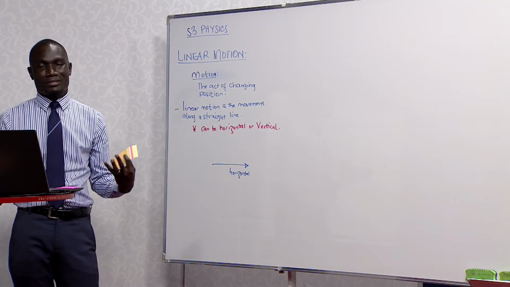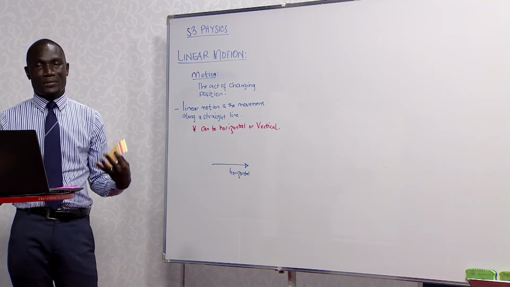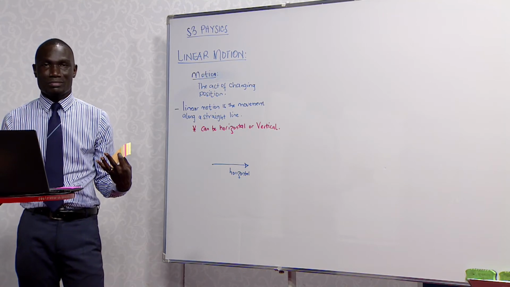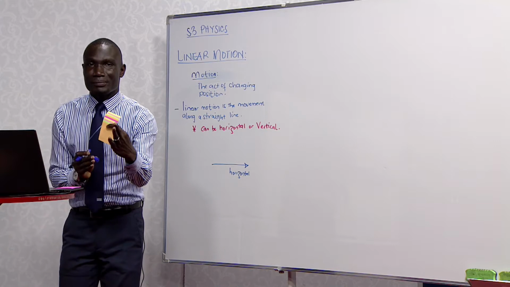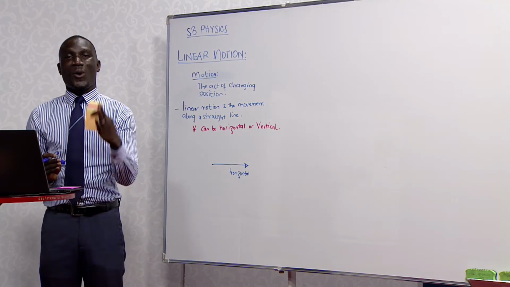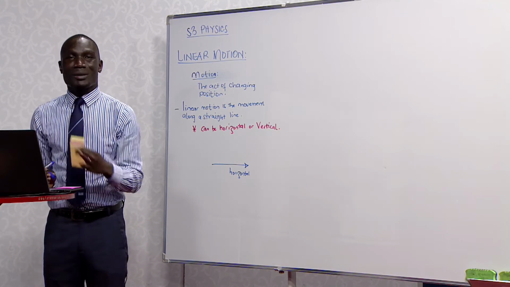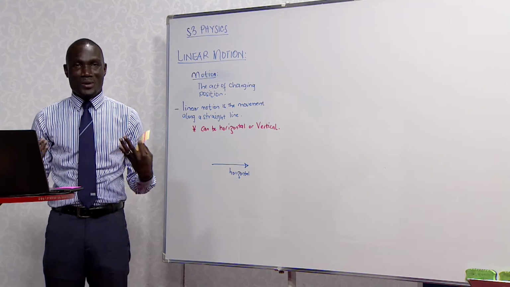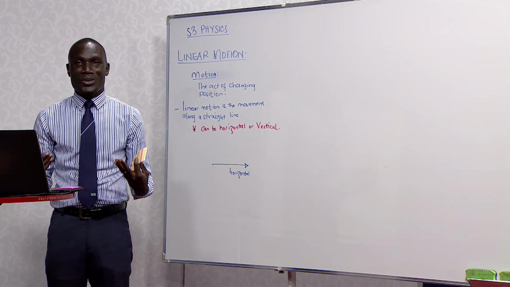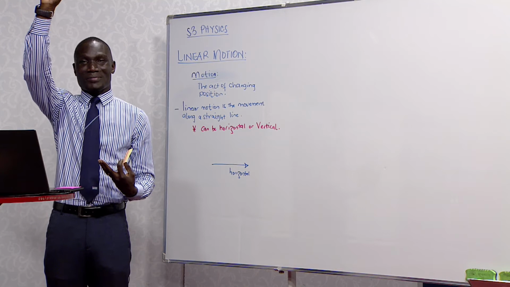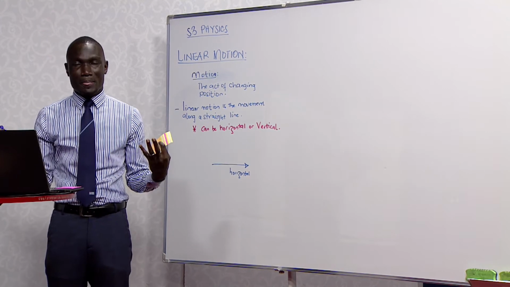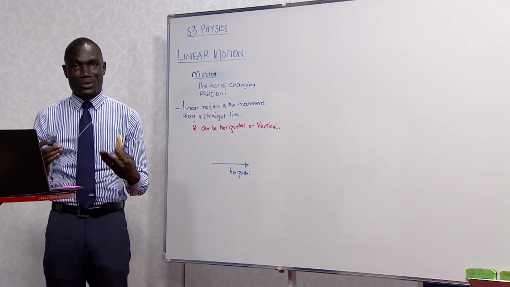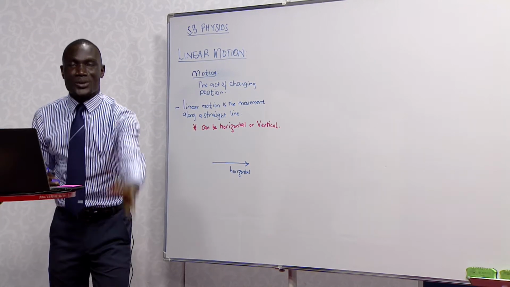I can give you another example. If you're riding a bicycle along a straight line, that is a horizontal linear motion. There is no one who rides a bicycle while moving upwards. Is there anyone who does that? So each time you're riding a bicycle, you're riding horizontally.